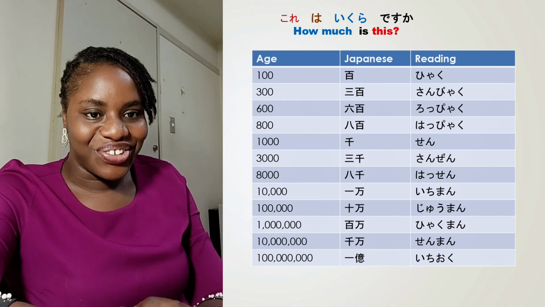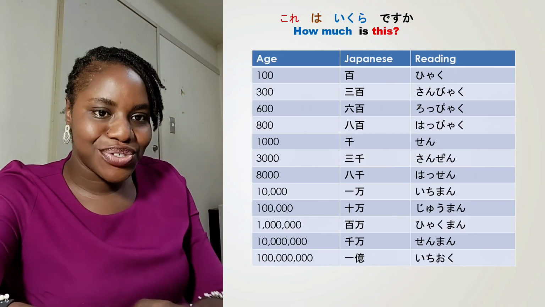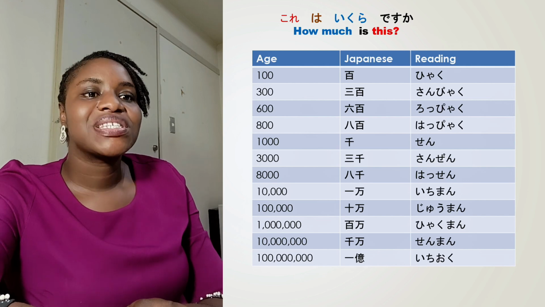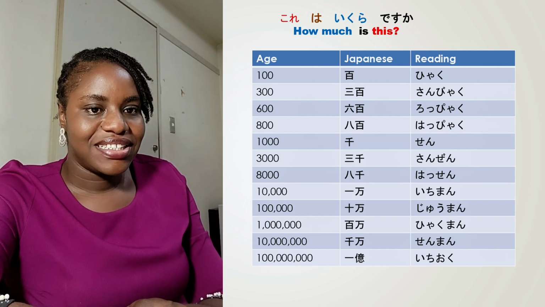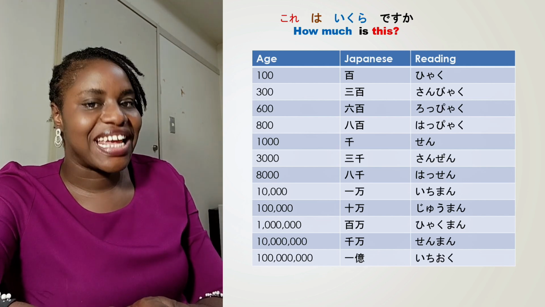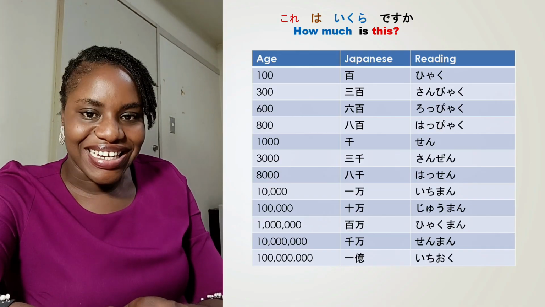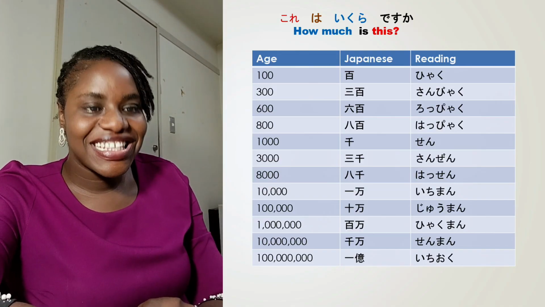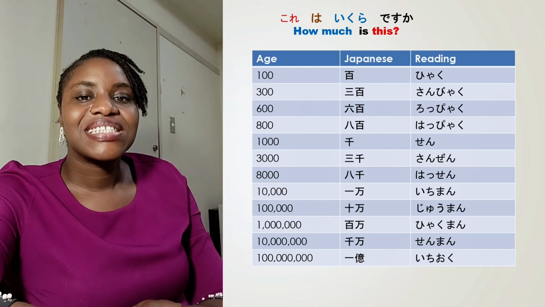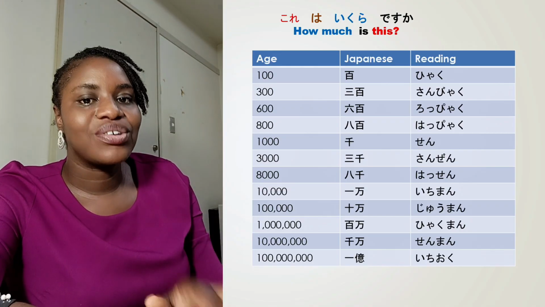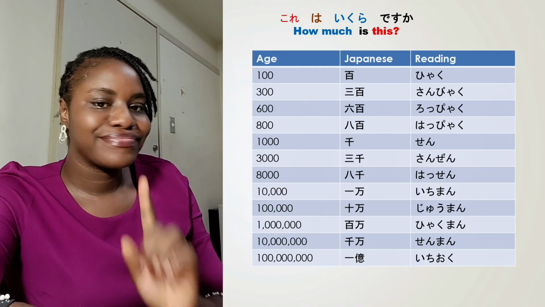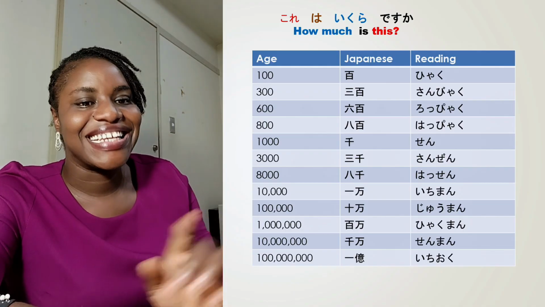Then we have another difference, this time around just two. 2000 is nisen, but when it gets to 3000, it becomes sanzen. Then 8000 becomes hassen.